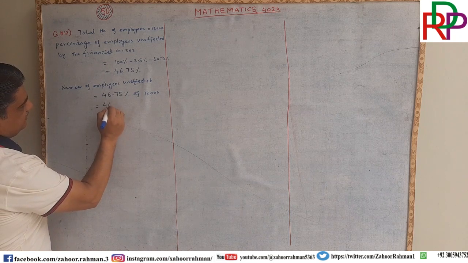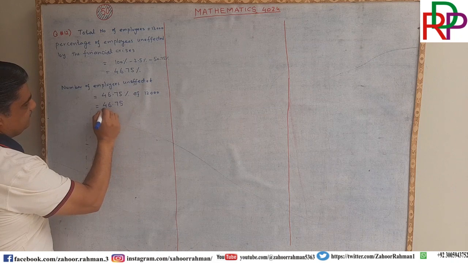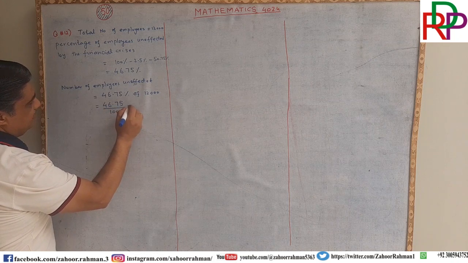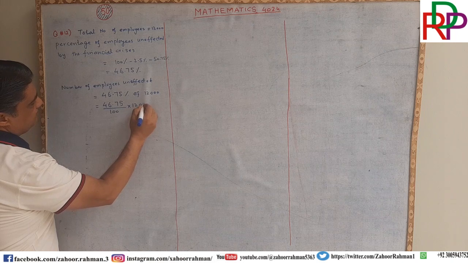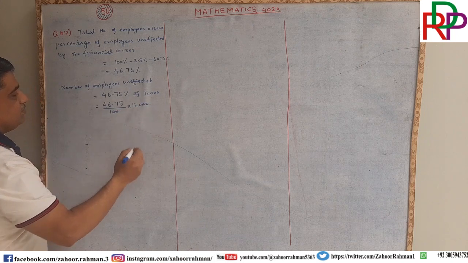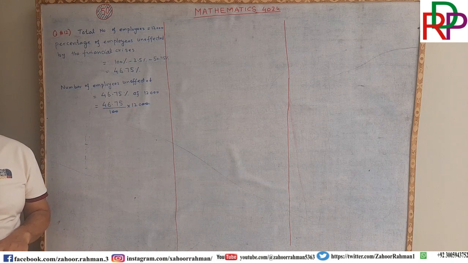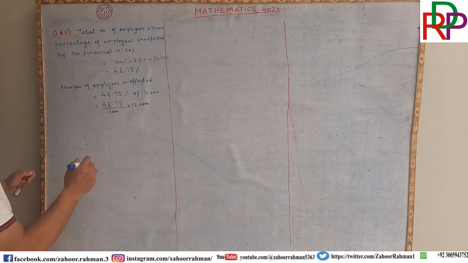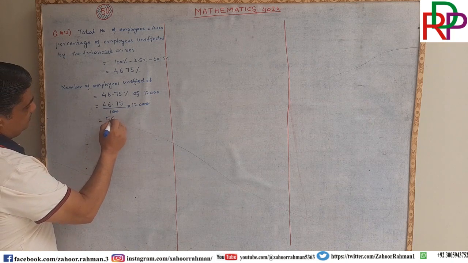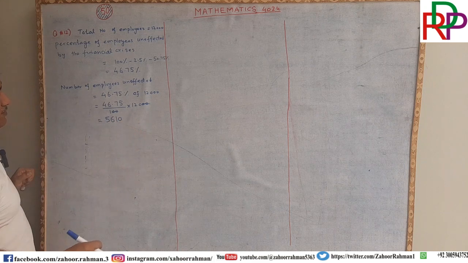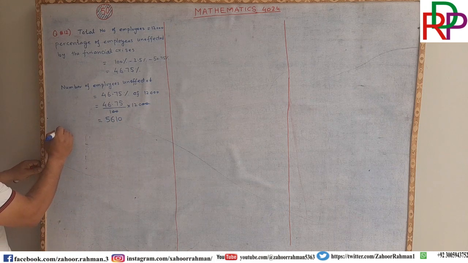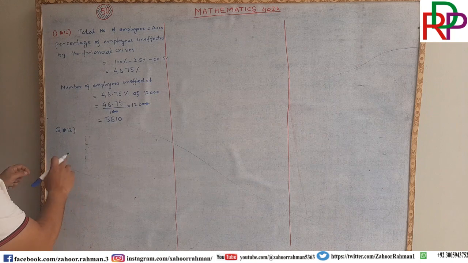So we can write it 46.75% of 12,000. These two zeros will cancel with these, and when we multiply this 120 with it, we will get 5,610. So 5,610 employees are unaffected.